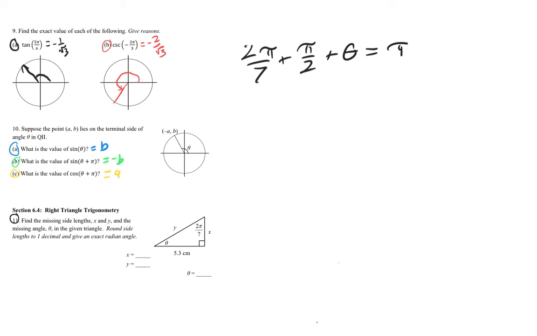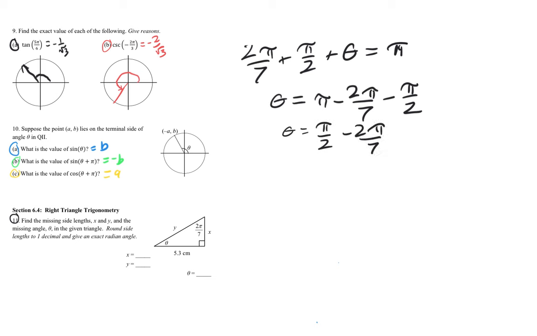So to find theta, we do theta is equal to pi minus 2 pi over 7 minus pi over 2. So it's essentially going to give us theta is equal to pi over 2 minus 2 pi over 7. So our theta is going to be equal to 3 pi over 14.